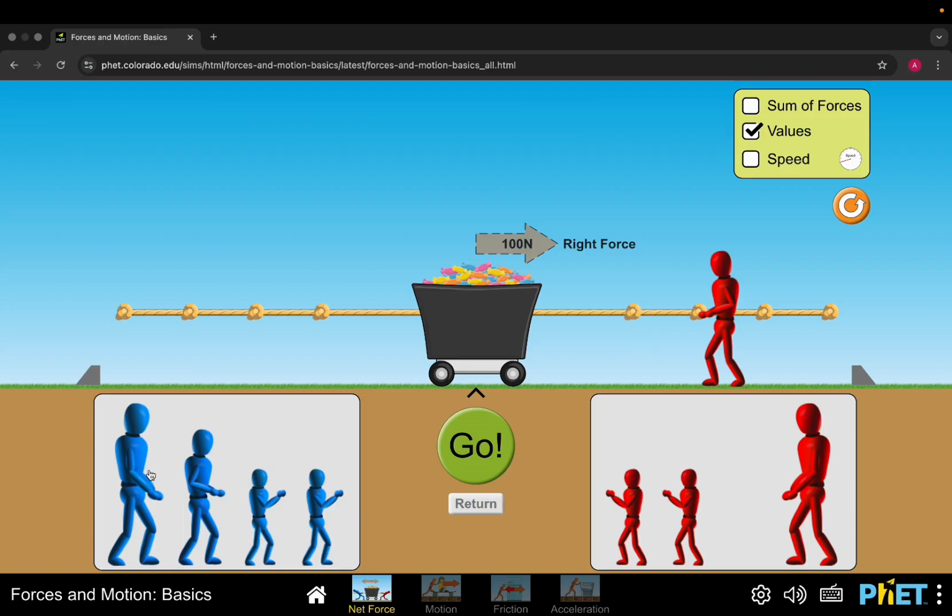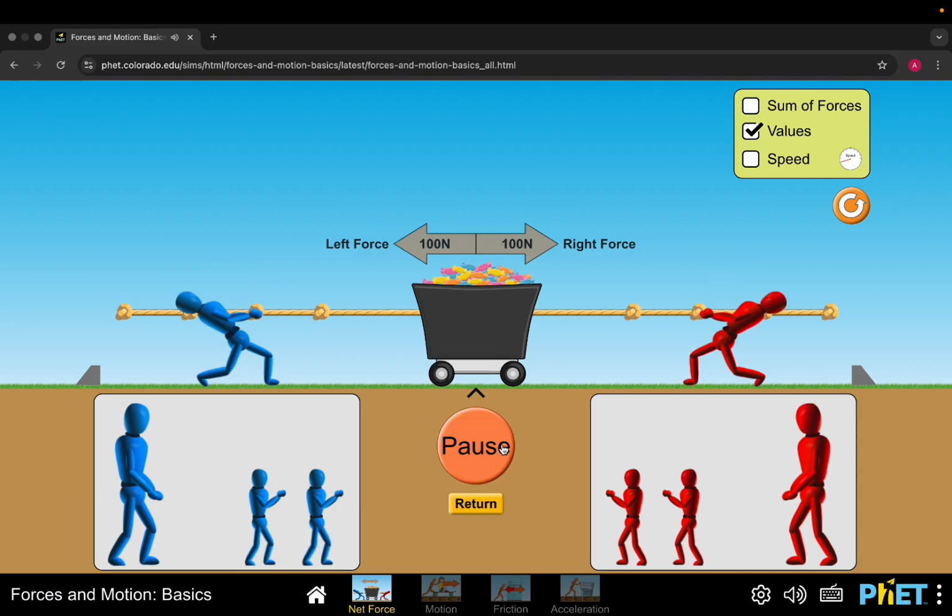And then we're going to apply the same one but to the left. So if we click go, if you subtract 100 from 100, your result is going to be zero. So it is actually in equilibrium.